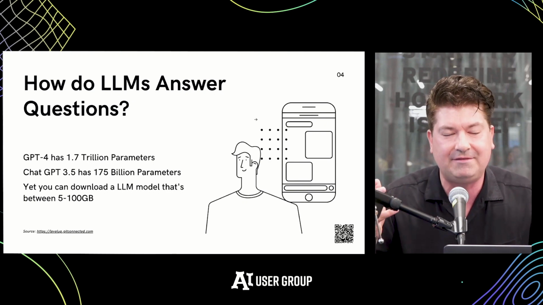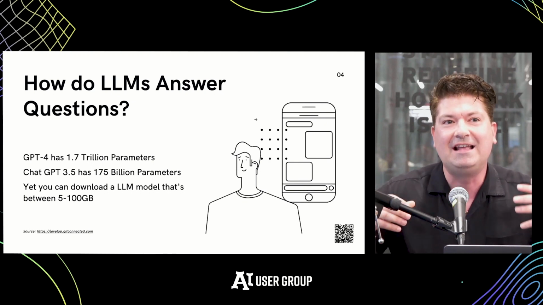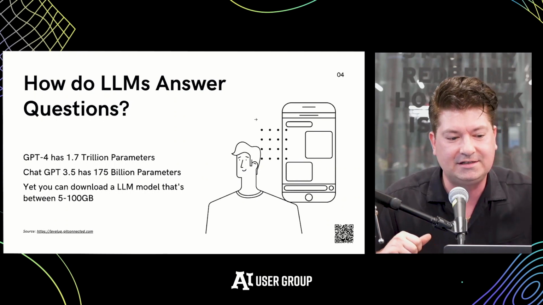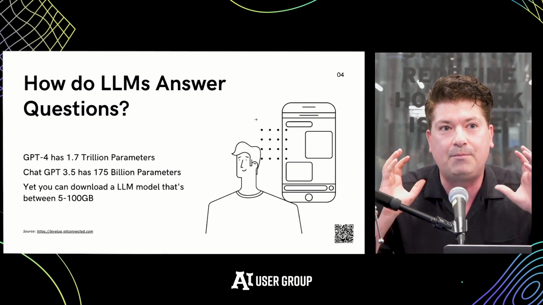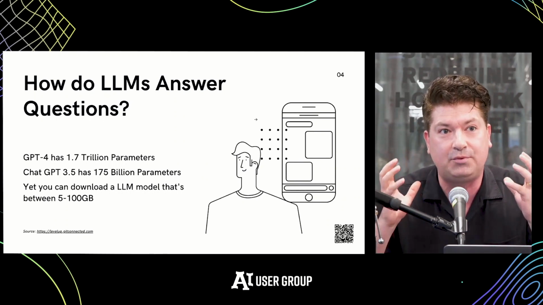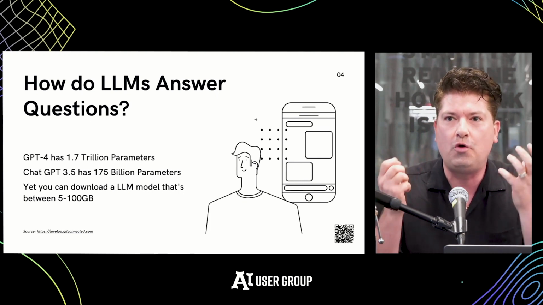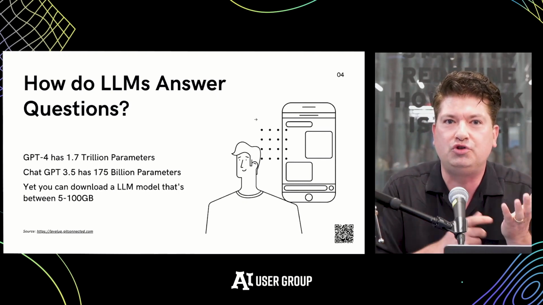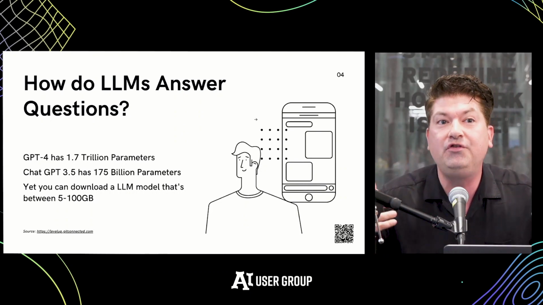GPT-3 has about 175 billion parameters. Now, some people say it's closer to 70 billion. Some people say it's higher. The point is, though, it has billions and billions of parameters. Now, when you open up ChatGPT, you type something in, and then within a few seconds, it pops back an answer, right?